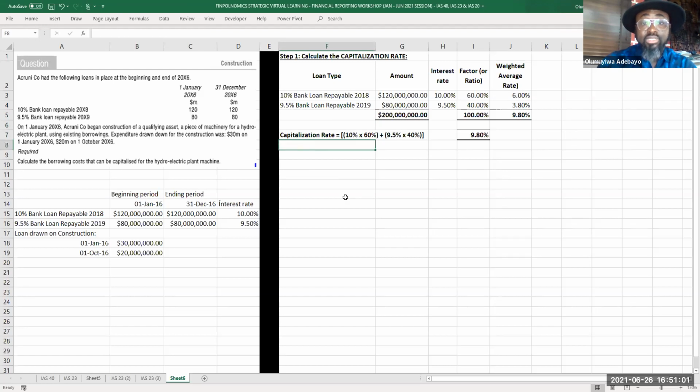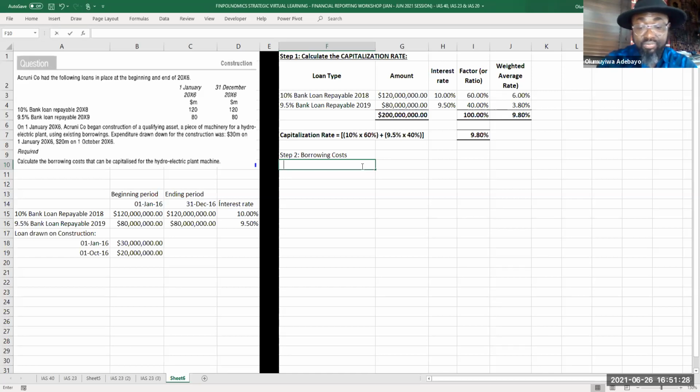Now, that is how we determine the capitalization rate. Step 2 then is, what's the borrowing cost? Now, for the borrowing cost, I'll look at the drawings.